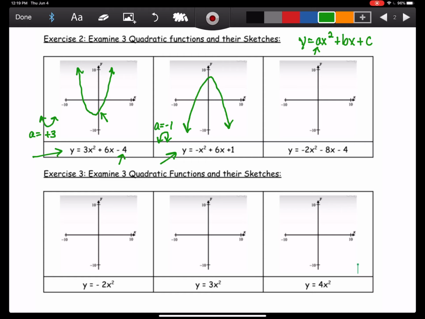All right, let's check out the third one. Again, we have y equals negative 2x squared. Again, we have a equaling negative 2, and this is going to tell us that our parabola is going to open down. So this one is very shifted to the left.